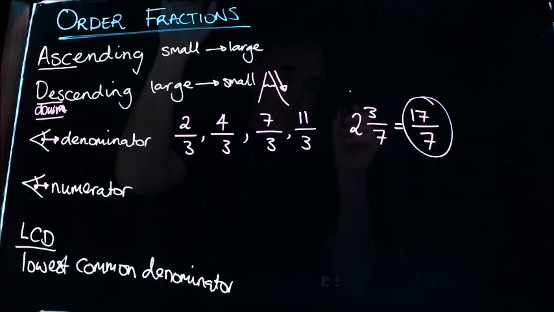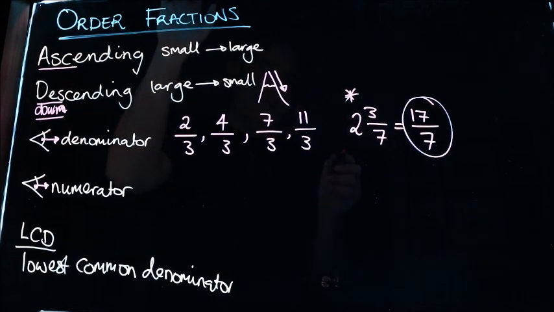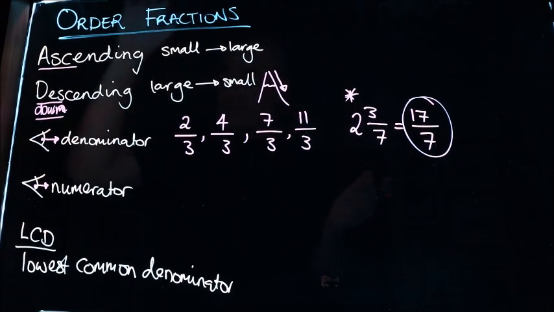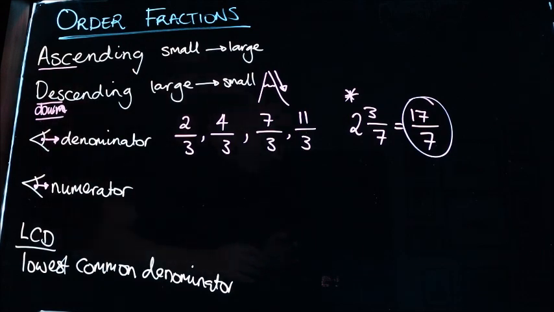It's a bit tricky when they're in mixed numbers to actually position them, and so just a little reminder, that skill of converting from a mixed number to an improper fraction is useful here, right now.